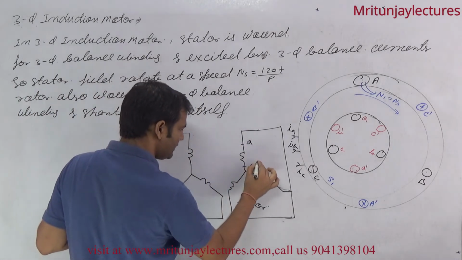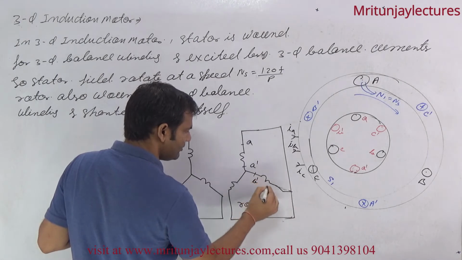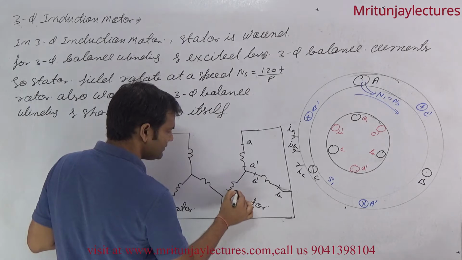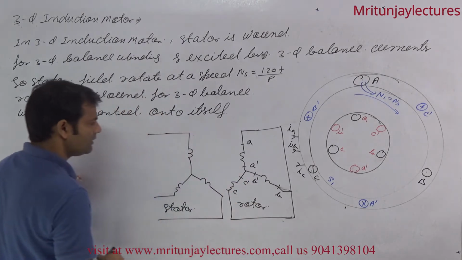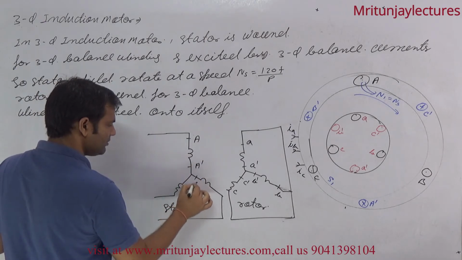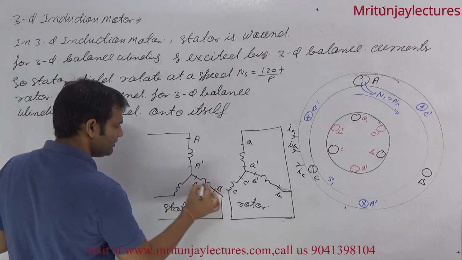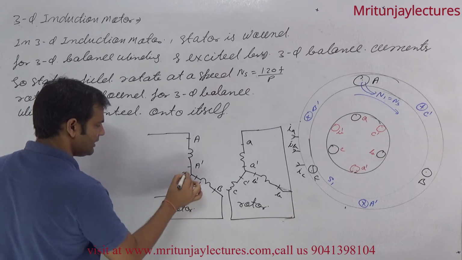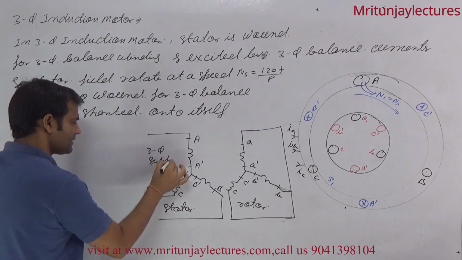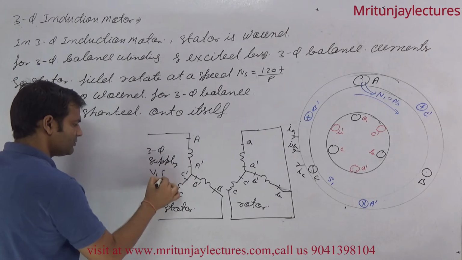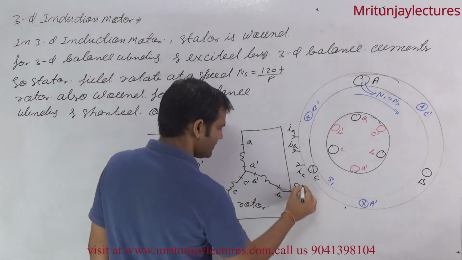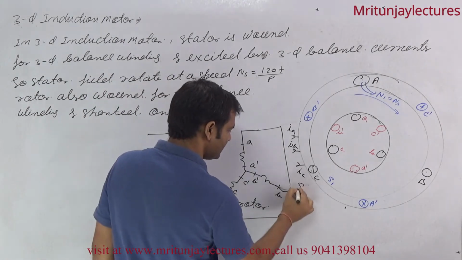A dash, B dash, C dash. Clear? A dash, B dash, C dash, and three phase supply. Three phase supply is given to the stator, and this one, the rotor, is short circuited.